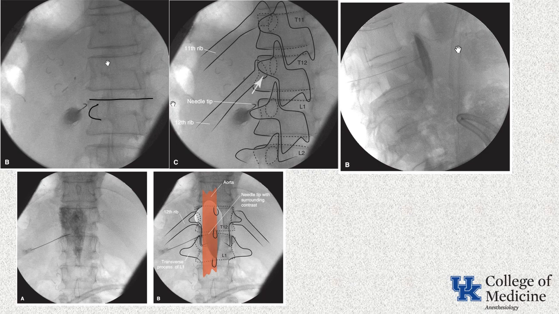And normally we will stop around right here for a retrocrural or splanchnic nerve block approach. Occasionally, if we don't get good spread, we can push the needle a little bit further and try for an anterior crural approach.